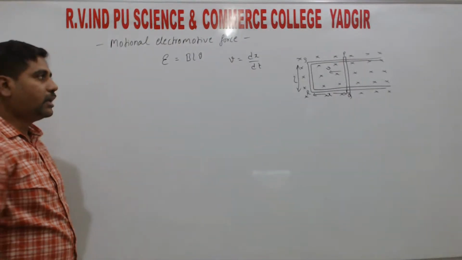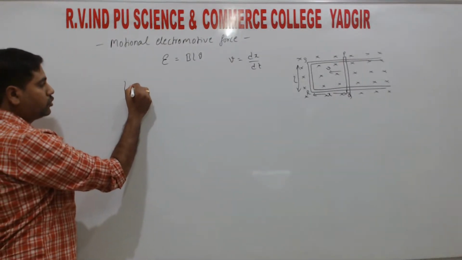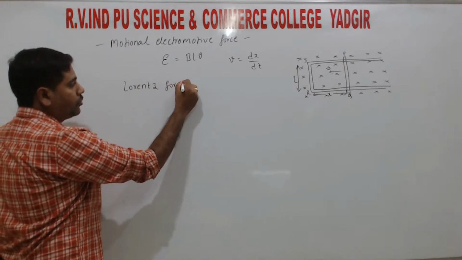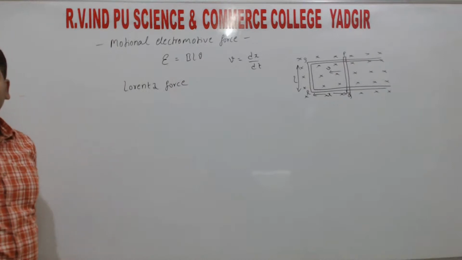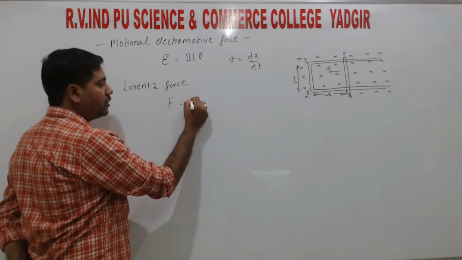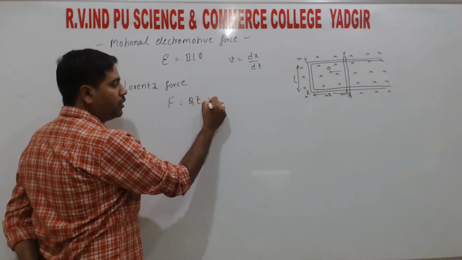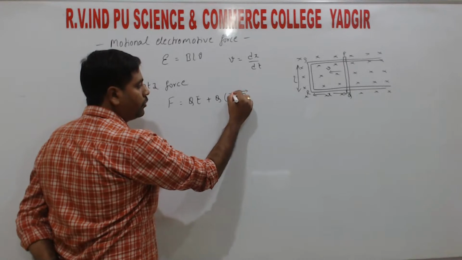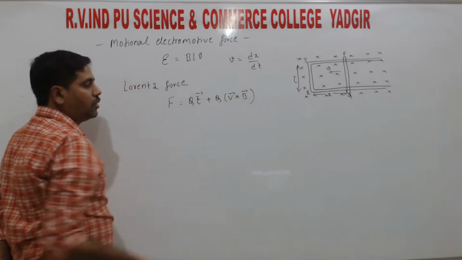Another method is by using the Lorentz force, right? In moving charges and magnetism, we discussed the Lorentz force F equals QE plus Q into V cross B, right?